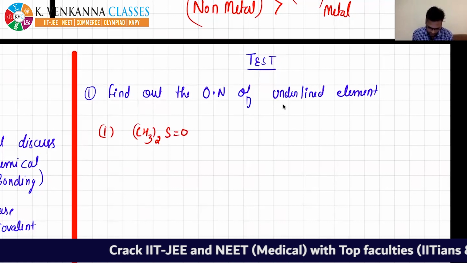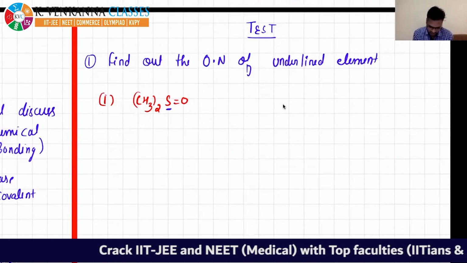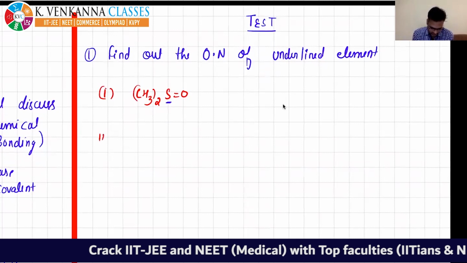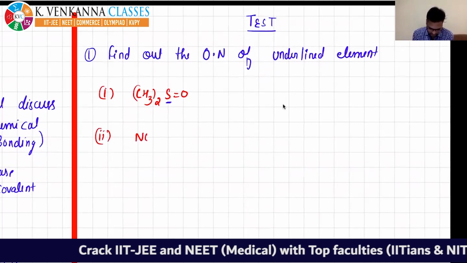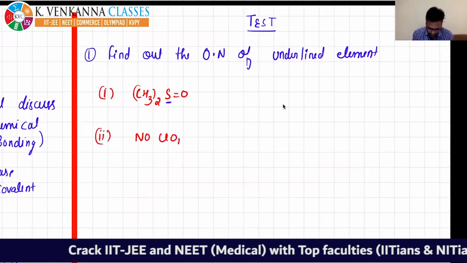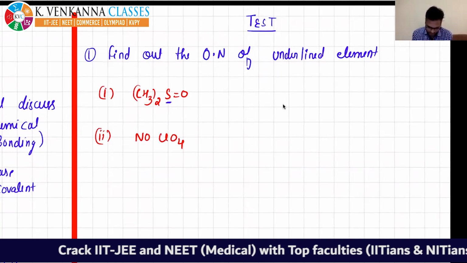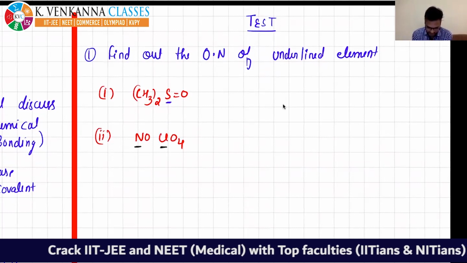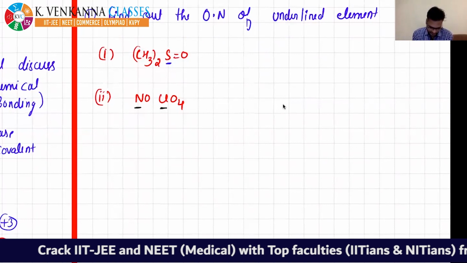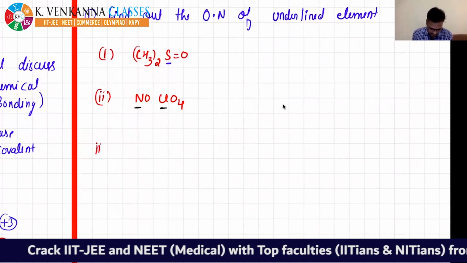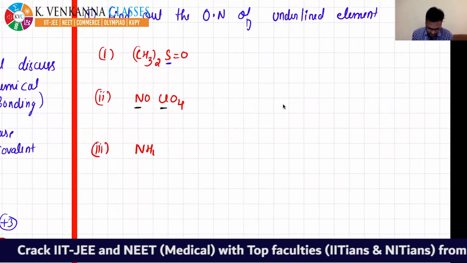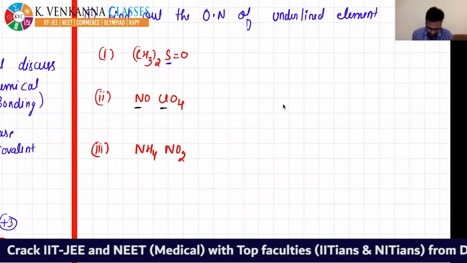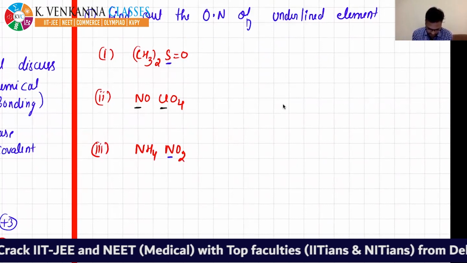In this case, you need to figure out the oxidation number of sulfur. Then the second is NOClO4. You need to find out the oxidation number of these two things. And the third one is NH4NO3 or NO2. In this case, you have to find out the oxidation number of these two nitrogens.